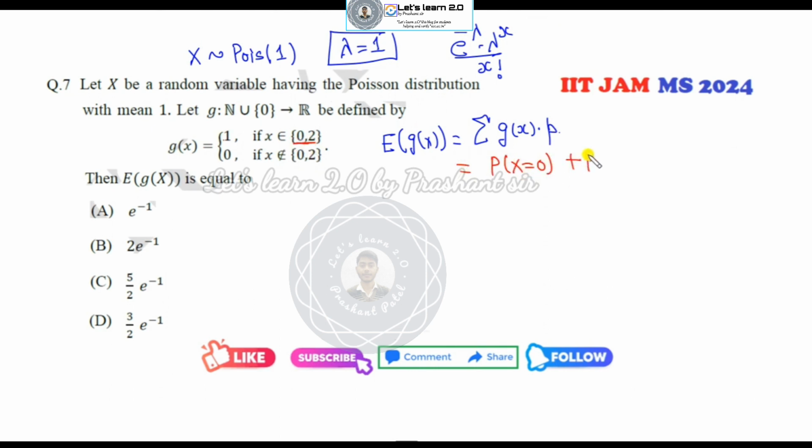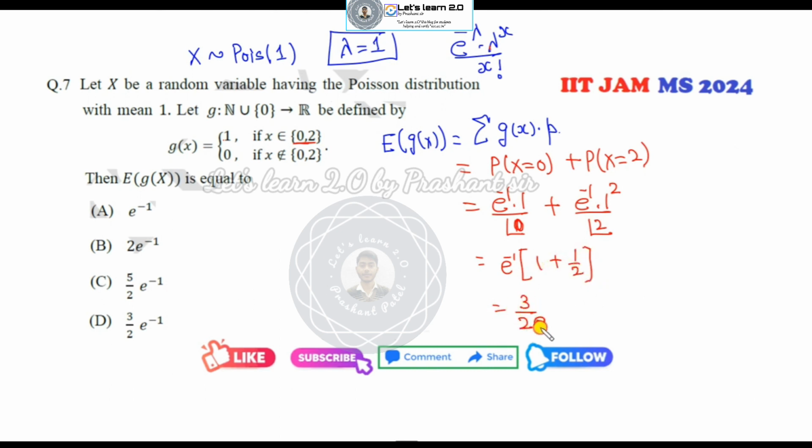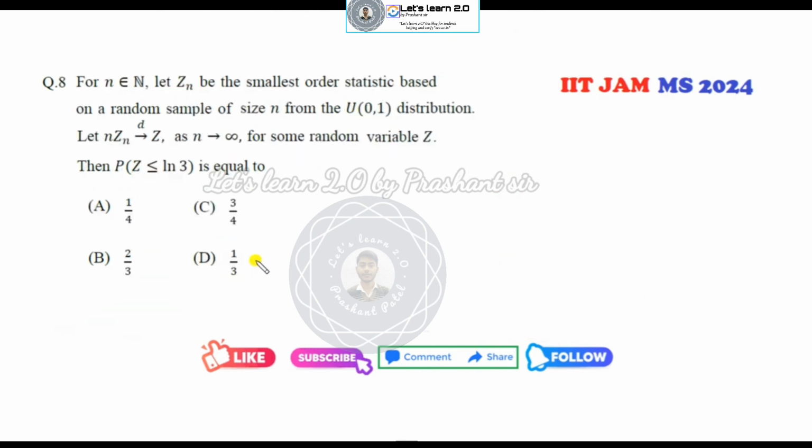So what is the probability? E raised to power minus 1, 1 over 0 factorial, plus e raised to power minus 1, 1 raised to power 2 over 2 factorial. E raised to power minus 1 is common, plus 1 over 2. So that is 3 over 2 into e inverse, the right answer of this problem.